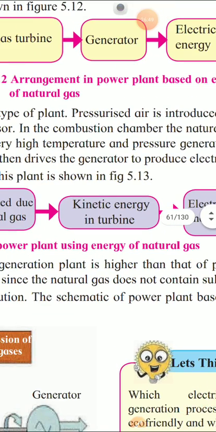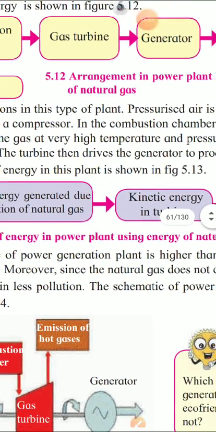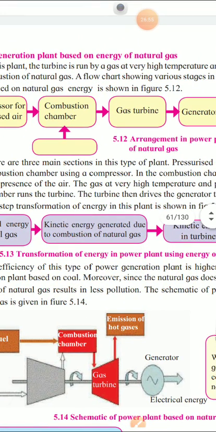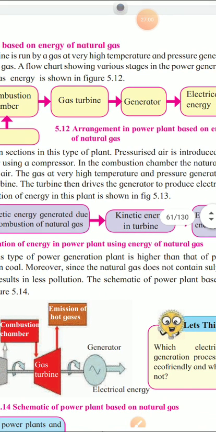So this is the flow chart regarding this transformation of energy in a power plant using energy of natural gases. So I hope you might have understood this point. Now let me underline a few points which are important for you.